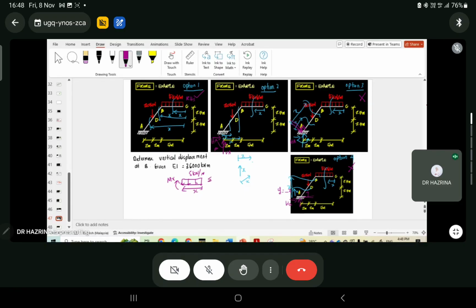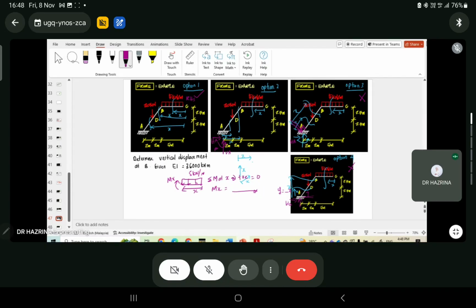And then you find what is summation moment at X clockwise positive equals to 0. So then you akan dapat your MX equals to berapa. And then you go for BD.